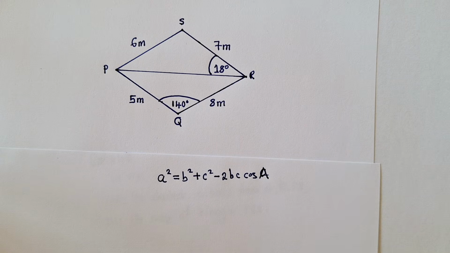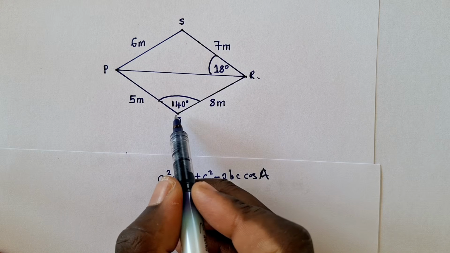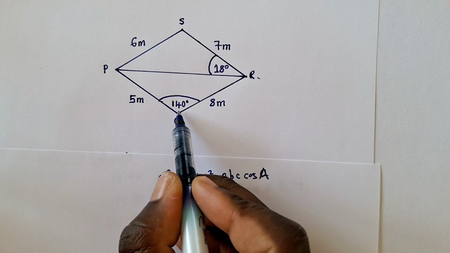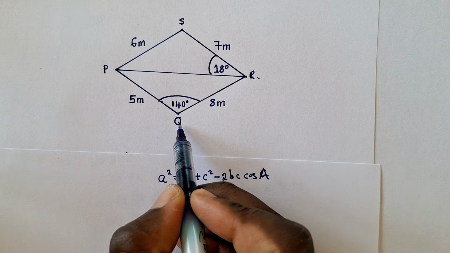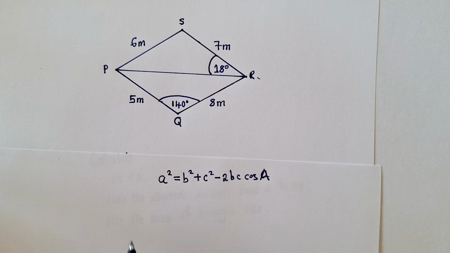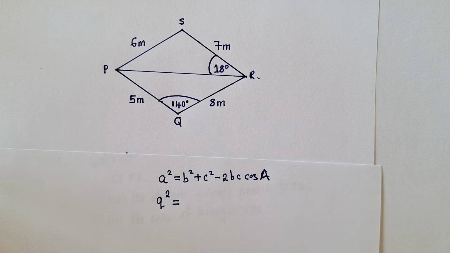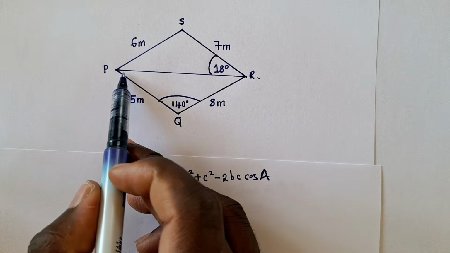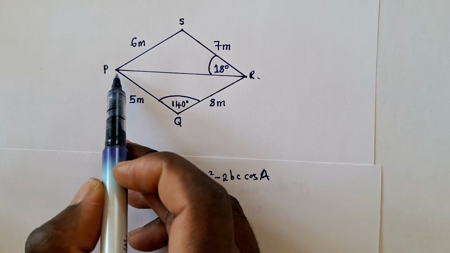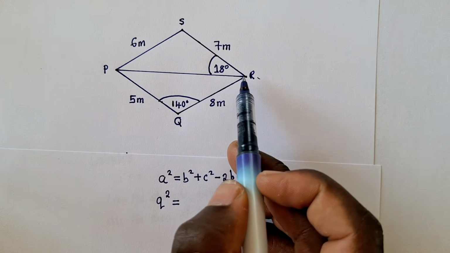Now I'll teach you how you're supposed to change this formula to suit the letters you've been given right here. So this is what you need to do. Start with an angle you're supposed to use, the included angle, which is this one. What letter is here? It's capital letter Q. Now you put a small letter q. And the triangle that you're dealing with, it's this one, guys. You can see it, right?